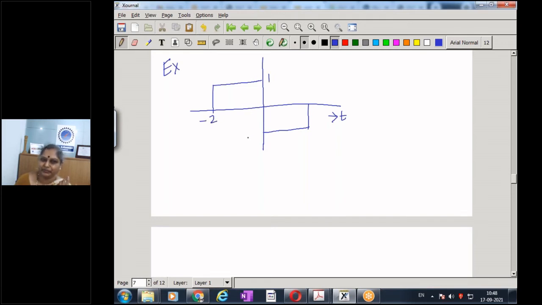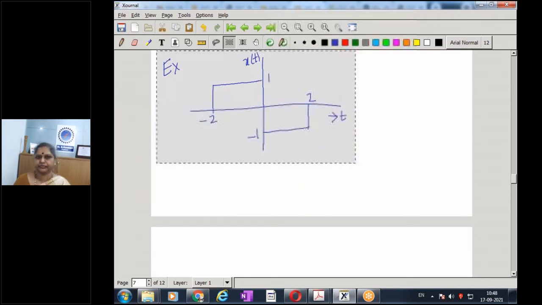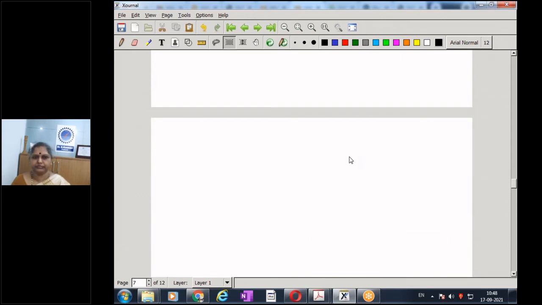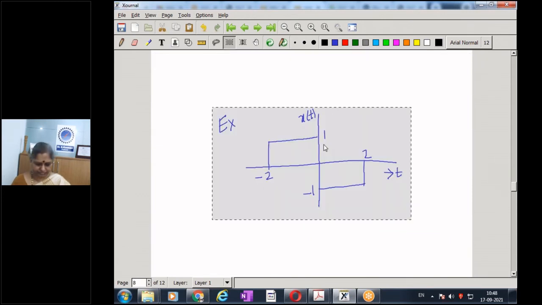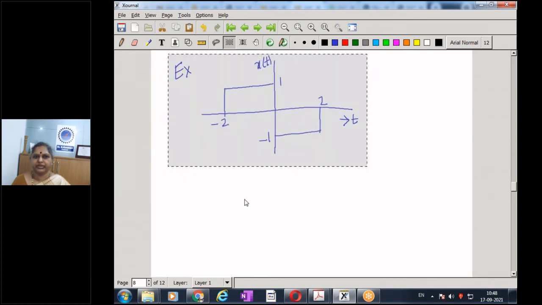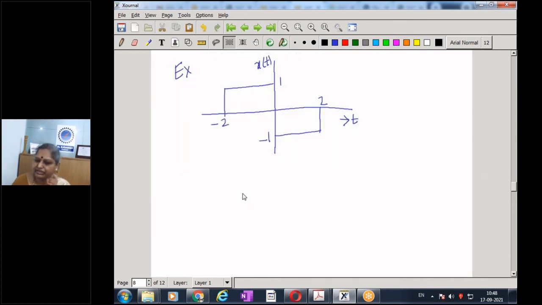Please participate. Yes, -1 to 2. This is my signal x of t. And now I want you to sketch the integral of the signal. I give you 2 minutes. Please sketch the integral of this signal.